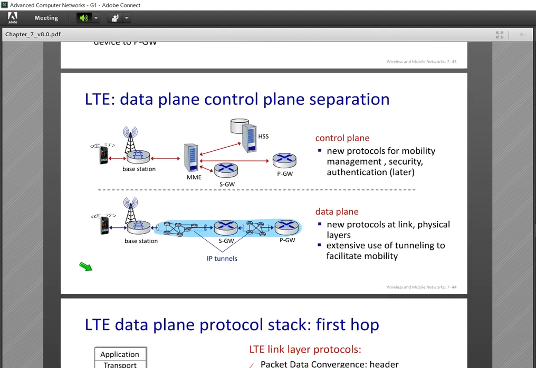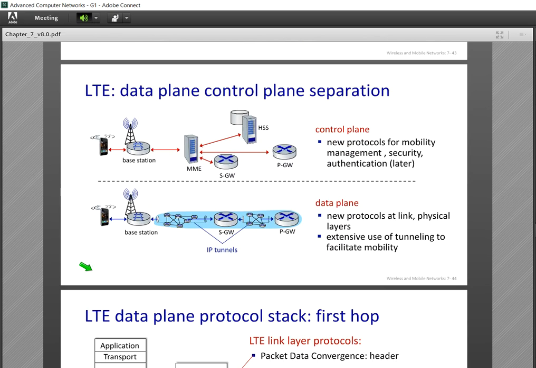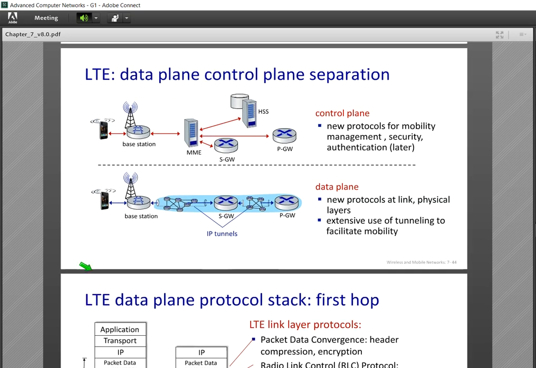When I'm a mobile device, I'm leaving the home network. Look at this slide.